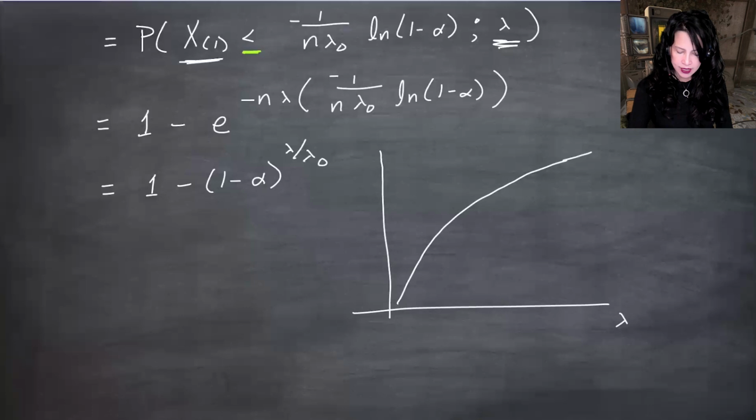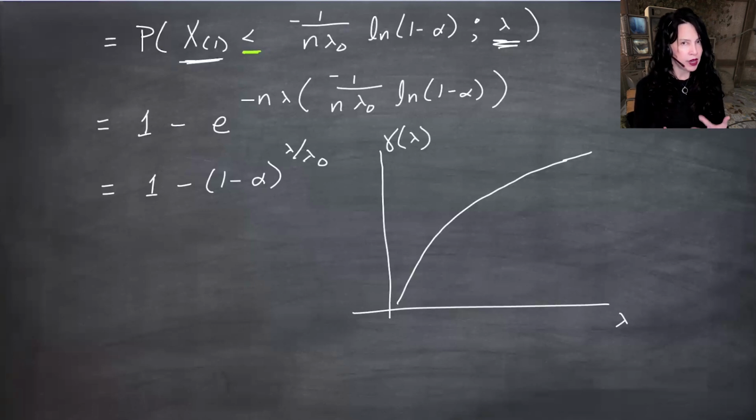And this is some function representing the probability you reject the null hypothesis, not when it's true, not when it's false, just when you reject it as a function of lambda. So it is increasing. It does not have to be increasing. This is not a CDF.